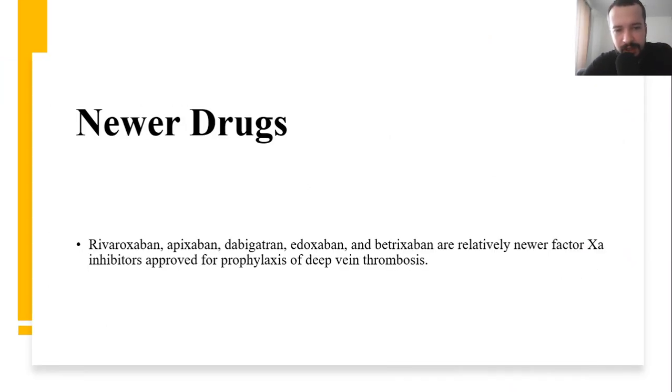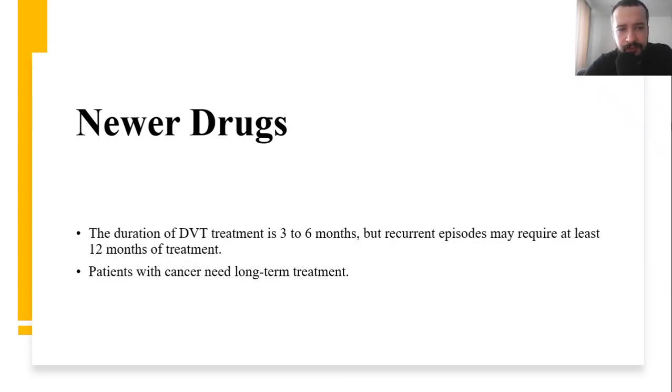Rivaroxaban, apixaban, dabigatran, edoxaban, and betrixaban are relatively newer factor Xa inhibitors approved for prophylaxis of deep vein thrombosis. The duration of DVT treatment is 3 to 6 months, but recurrent episodes may require at least 12 months of treatment. Patients with cancer need long-term treatment.